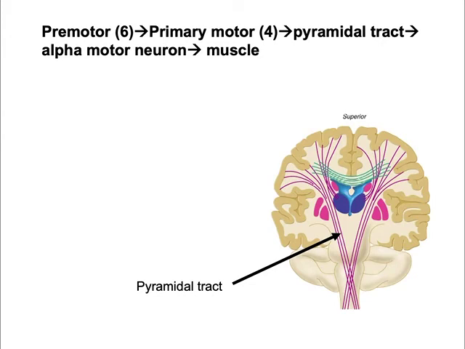So the first pathway we're looking at here is the generation of a motor action plan. Okay, so what happens in the premotor area in the frontal lobe is that we decide based on stimuli that we've received from other regions of the cortex what we want to do. Okay, that activity gets moved to the primary motor cortex, which is in the precentral gyrus, and then what has to happen at that point is that we have to relieve the blocking effect of the globus pallidus.